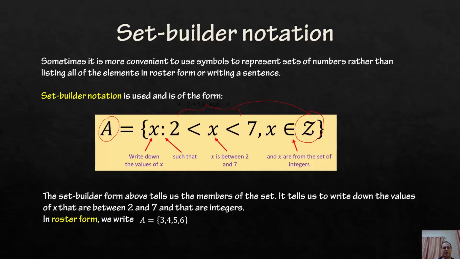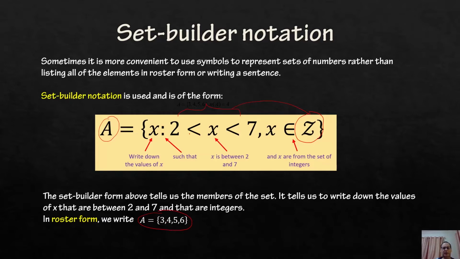Okay, so as a sentence, we would say, write down the values of X such that X is between 2 and 7 and X is an integer. So in roster form, that would be written down here. They would be the numbers 3, 4, 5, and 6.